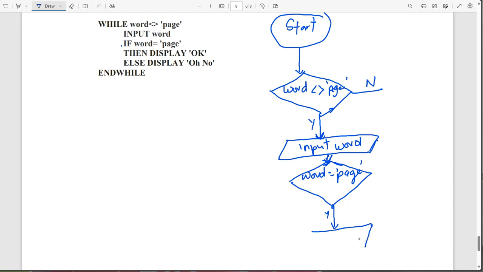Display is a parallelogram. It's going to display. Okay. And if it's no, it's going to display oh no. Right?